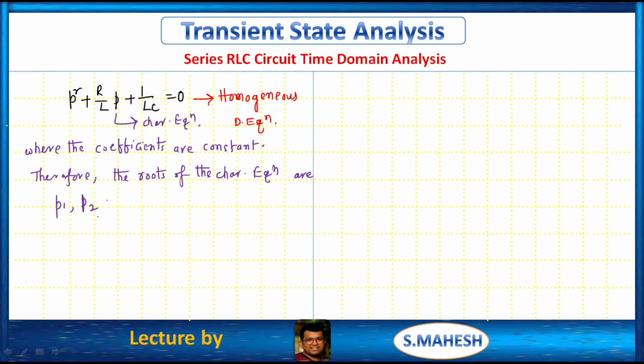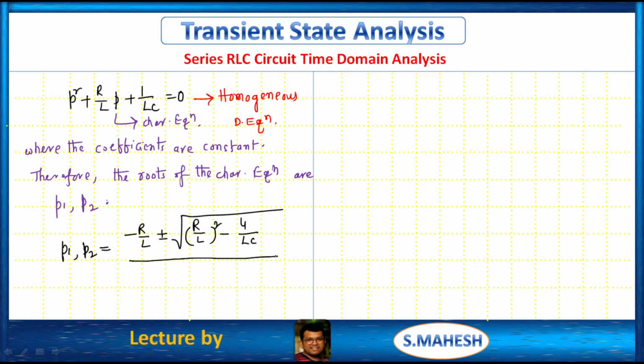Therefore, we have two roots. Let us say they are P1 comma P2, which is equals to minus R by L plus or minus square root of R by L whole square minus 4 by LC, by 2. This is the equation, right?